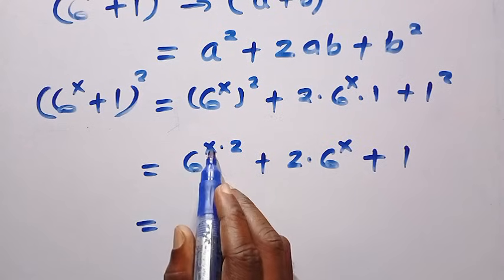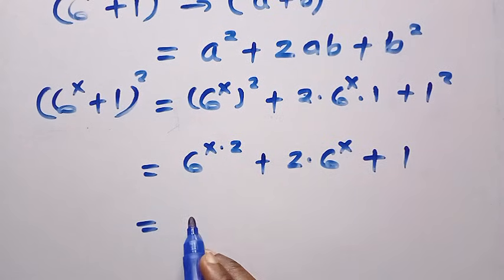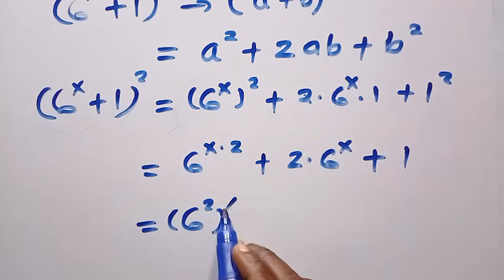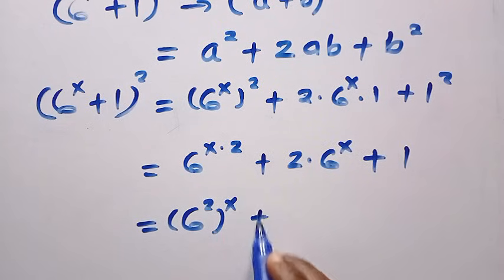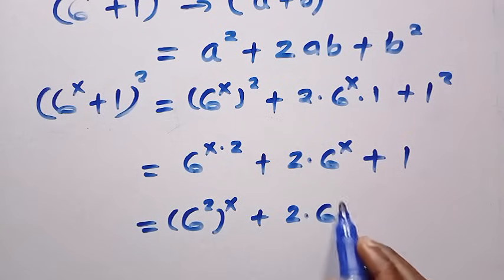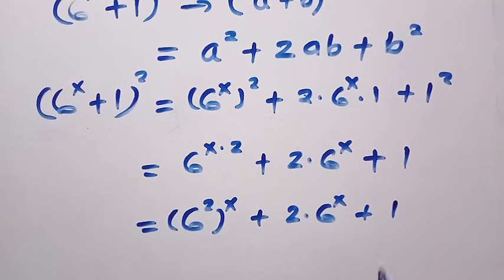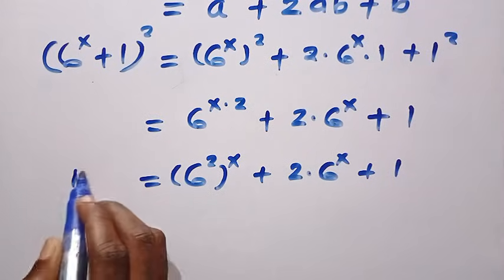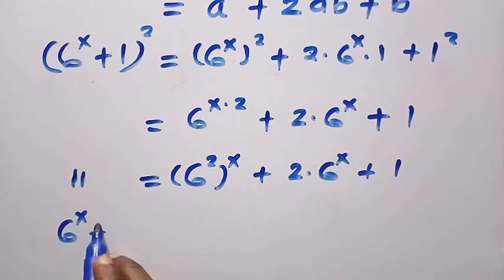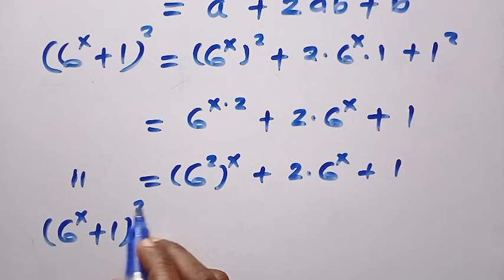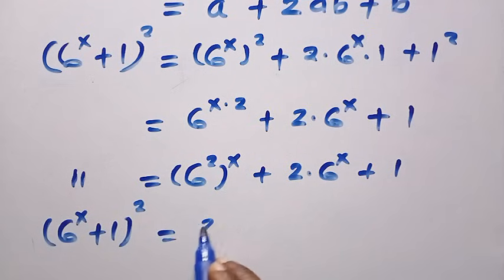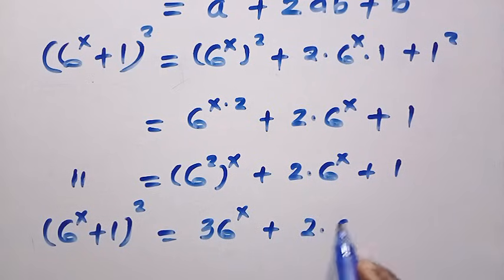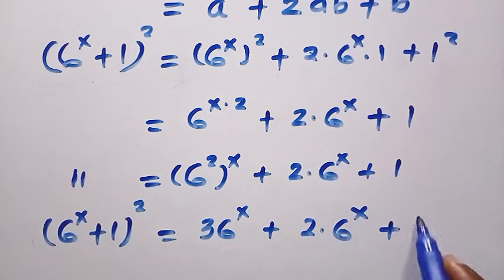And again, 6 power of x raised to the power 2, according to the rule of exponents, we change it to 6 power 2 then raised to the power of x, plus 2 multiplied by 6 power x plus 1. They are still the same as they are. So here we have 6 power x plus 1 raised to the power of 2 equals 6 power 2, that is 36 raised to the power x, plus 2 multiplied by 6 power x plus 1.